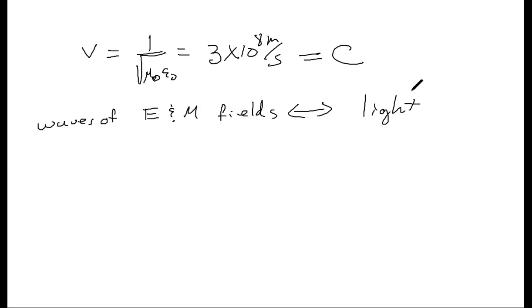At that point, he realized that it was within the margin of error of the speed of light, which was only a relatively recently known number for him. So this is not an input into the theory. This was actually a discovery he made through theoretical considerations. So the speed of these waves is the speed of light, and we make the identification that waves of electric and magnetic fields are light waves.